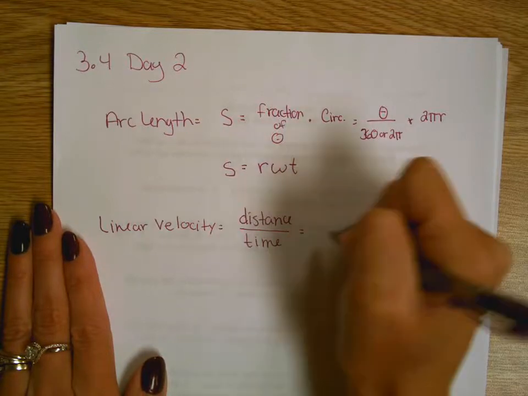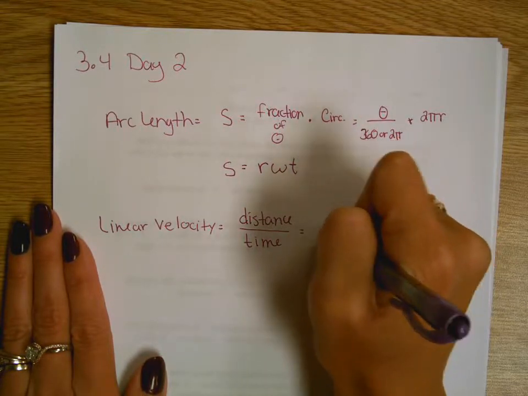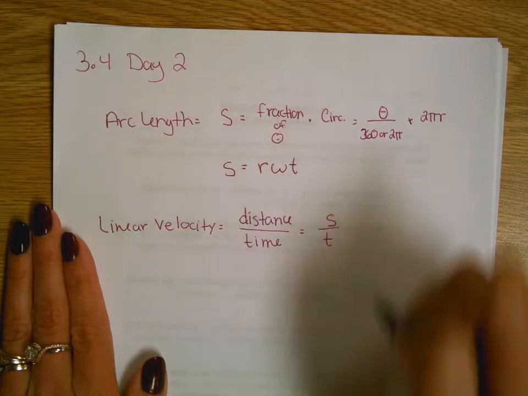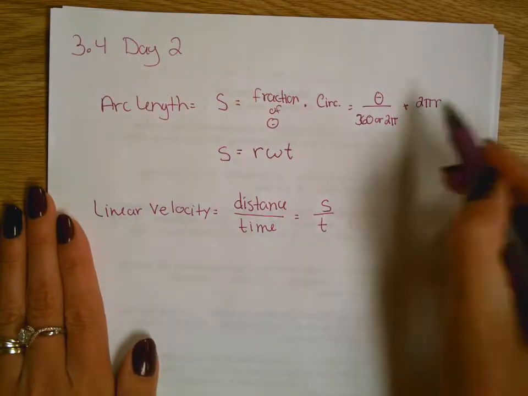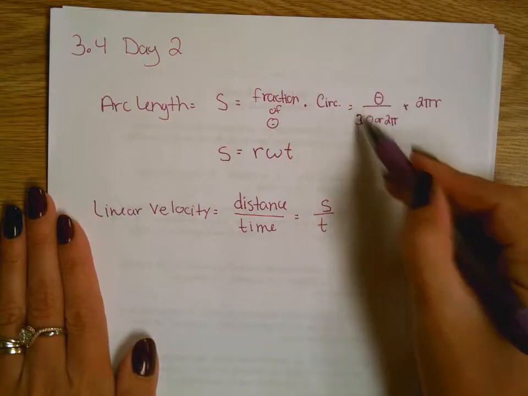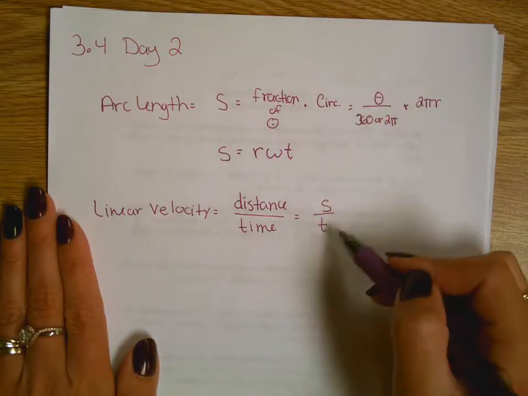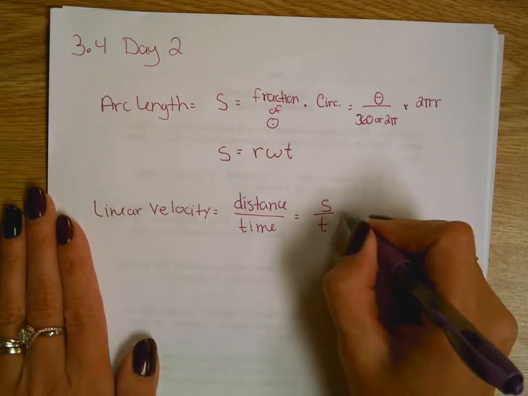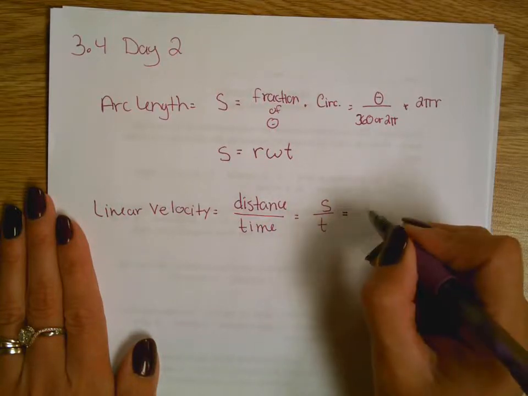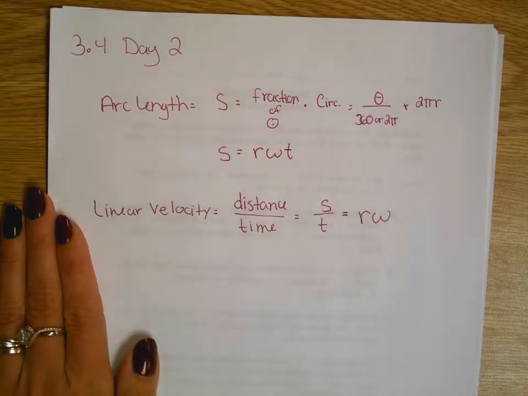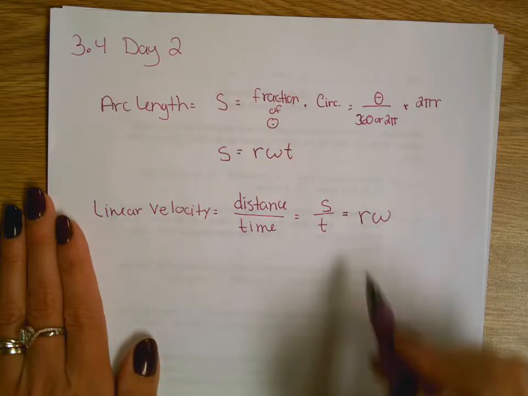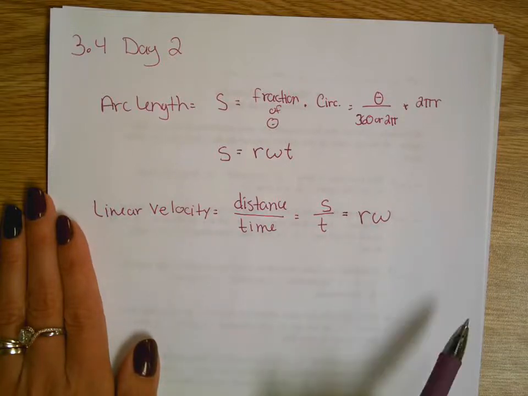So our distance is S divided by t. And S is this stuff up here, your fraction times the circumference, and we'll divide all that by time. And we also had a second formula, which was r omega. So depending on what information is given, depends on which formula we're going to use.